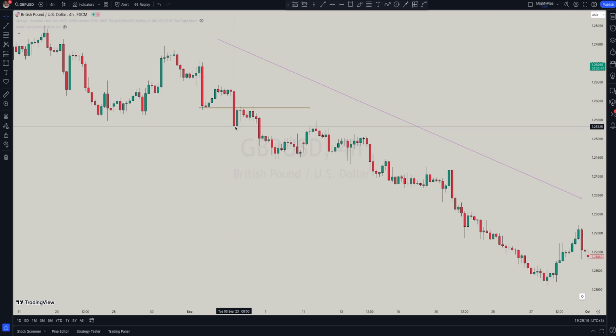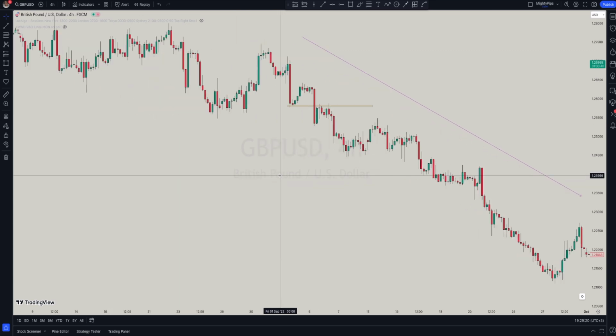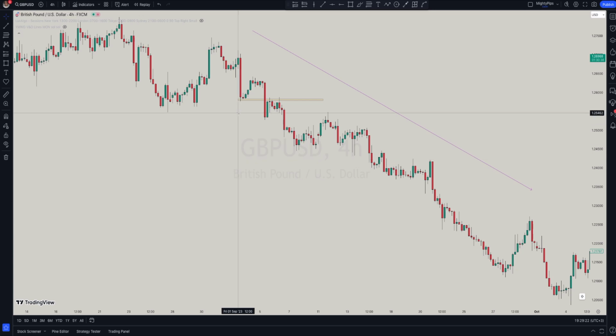This strategy is based on the trend and the break of structure. When this low is broken by this bearish engulfing candle, there is a retest that happens before the market goes down. That is the retest you want to look for.